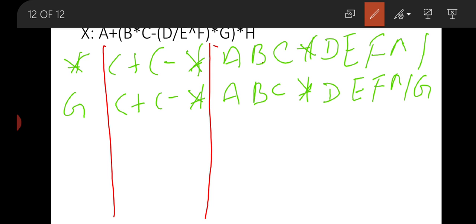Now again we are going to scan the symbol right parenthesis. Again we are going to pop the operator from the stack.